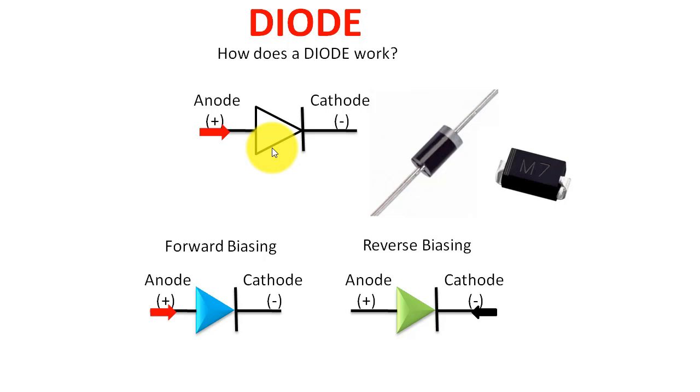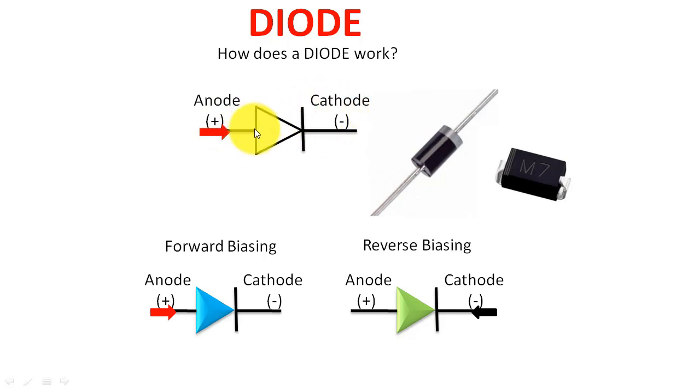Now I'll show how a diode works. You can see a diode has two points. In any type of diode there are two sides. First is the anode, which is positive, and the cathode, which is negative.